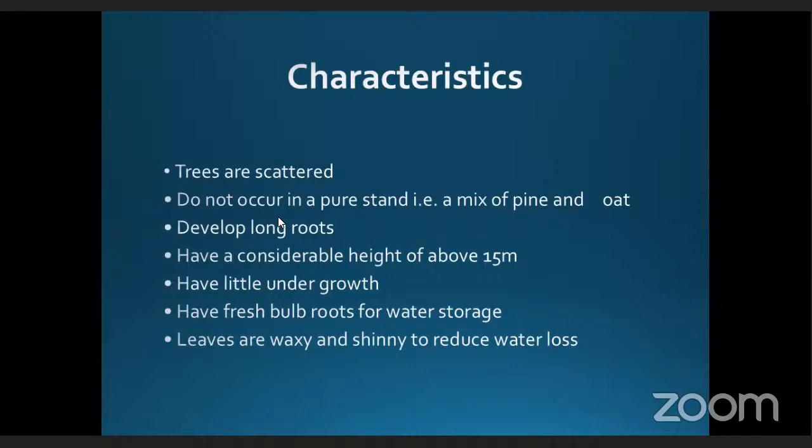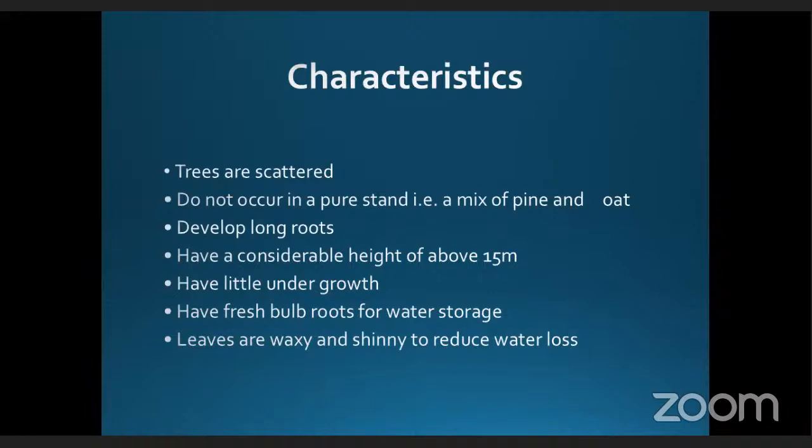Okay, let me hear from one member. Another member can explain to you well. You can raise up your hand and explain that point. Yes, Ronnie and Olivia. You have told us that the reason why the leaves are waxy and shiny is to reduce the rate of water loss or the rate of transpiration.